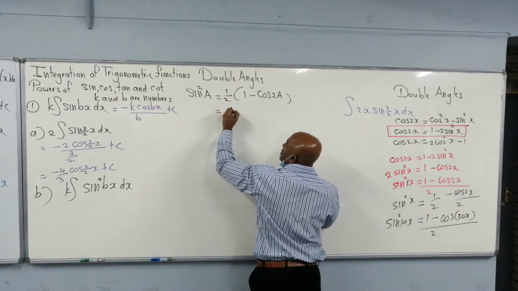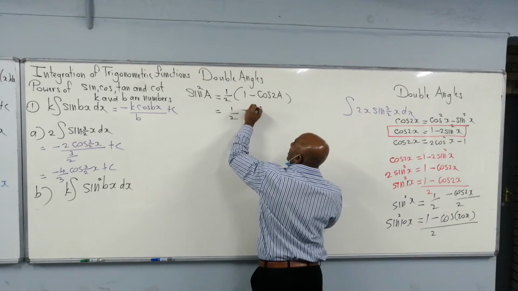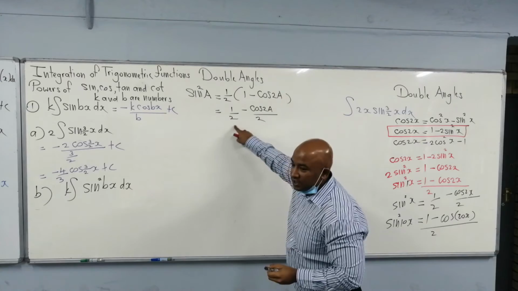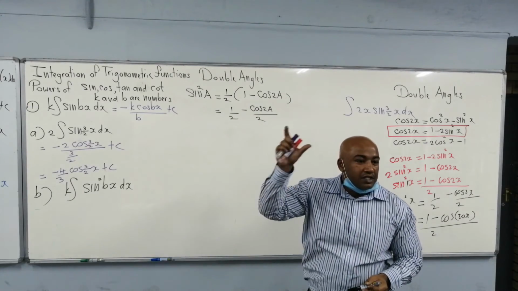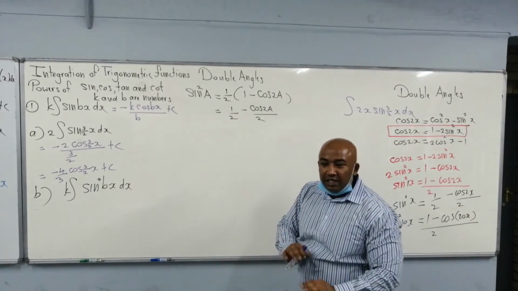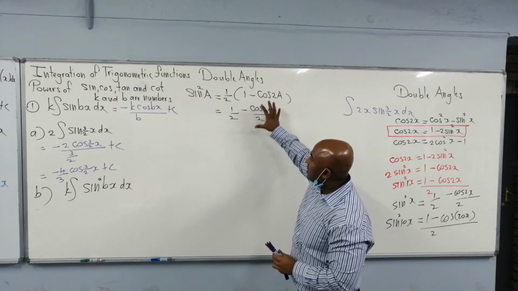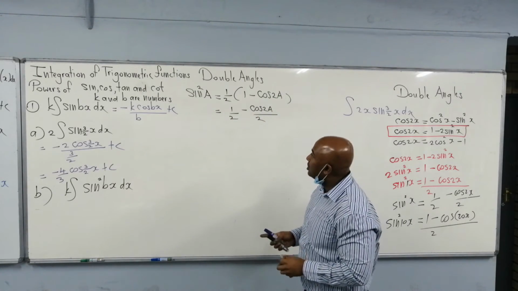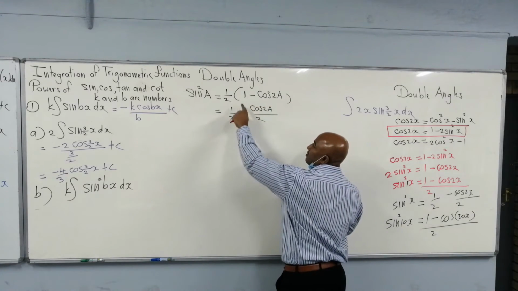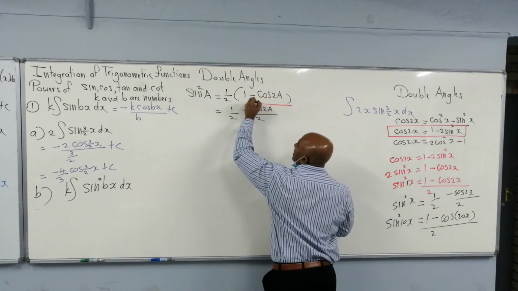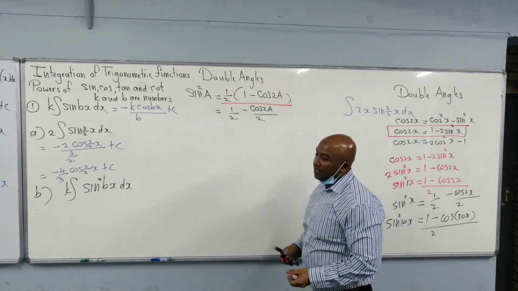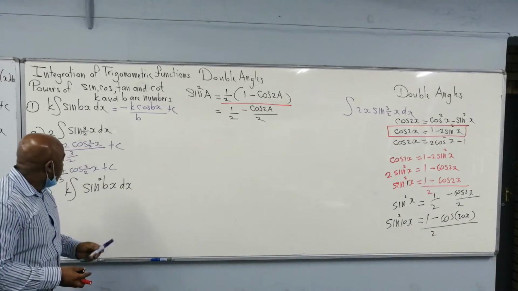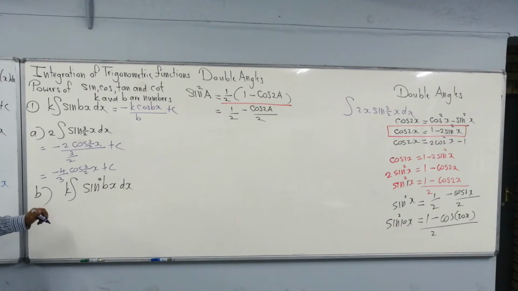But it's separated into 1 over 2 minus cos 2a all over 2. This is what you see on page 1 under trigonometry on the formula sheet. Nothing to do with integration. This is trigonometry double angles. I want you to learn it this way. Instead of separating it into fractions, this is the best way to write it down, for a reason you're going to see in a few minutes. So now, here's k sine squared bx.